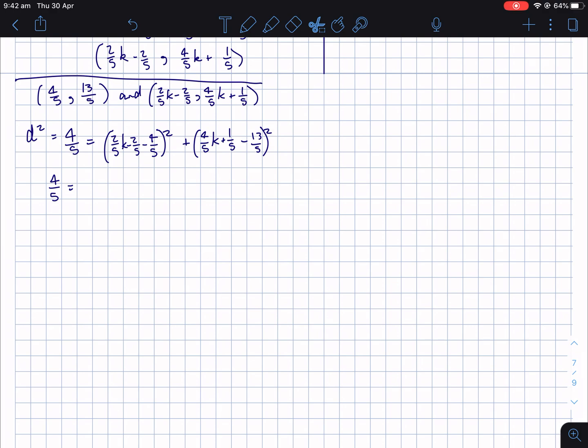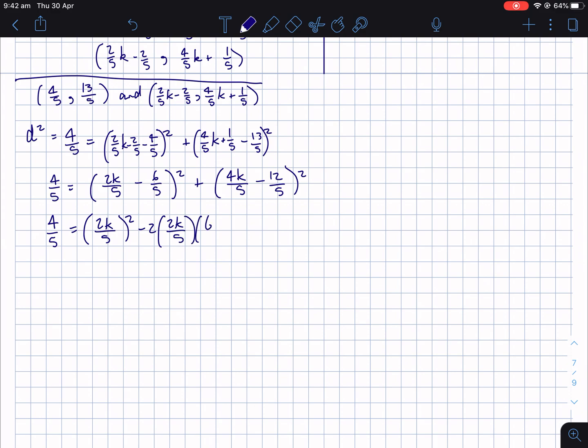Okay, so in these brackets, I've got 2k on 5 minus 6 on 5. In these brackets, I've got 4k on 5 minus 12 on 5. Well, let's square them. 4/5 equals 2k on 5 squared, take 2 times 2k on 5 times 6 on 5.